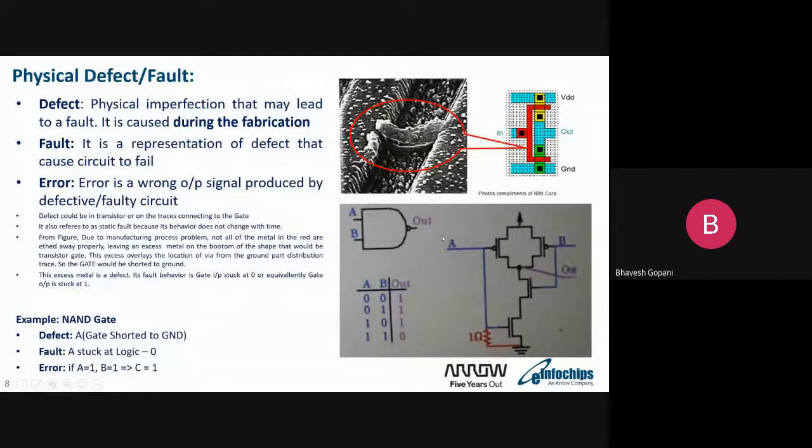We don't know from the error log where in the full chip the failure is. So first, it is very difficult to identify the location in the entire SoC where the failure occurs. Initially we want to identify that it is failing for the specific NAND gate.